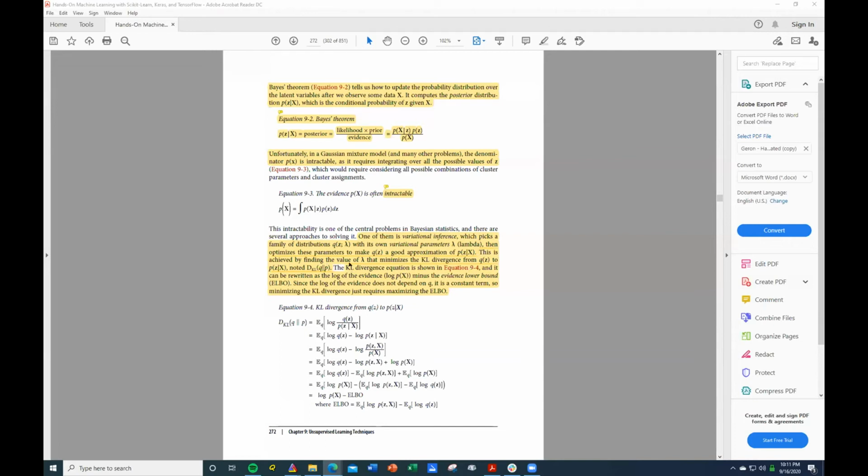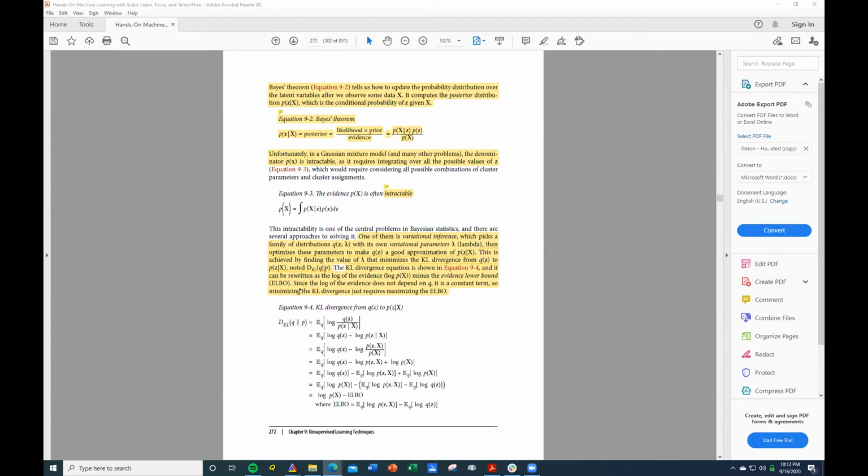And he talks about the KL equation here in equation 9.4 and rewrites it as the evidence or the data that you obtained, okay, not your prior data, the log of the evidence, log P of X, minus the evidence's lower bound, which is called the ELBO.